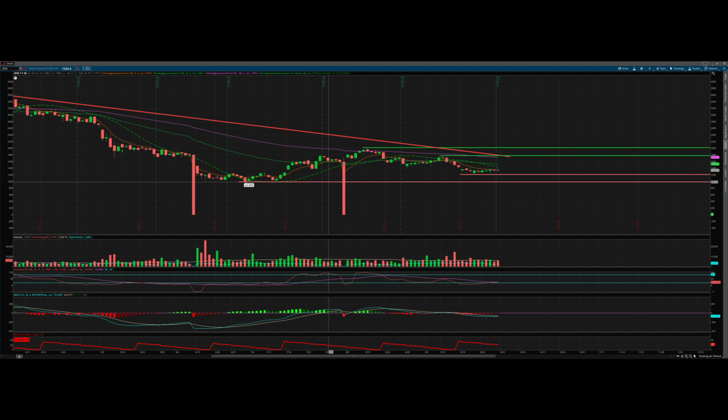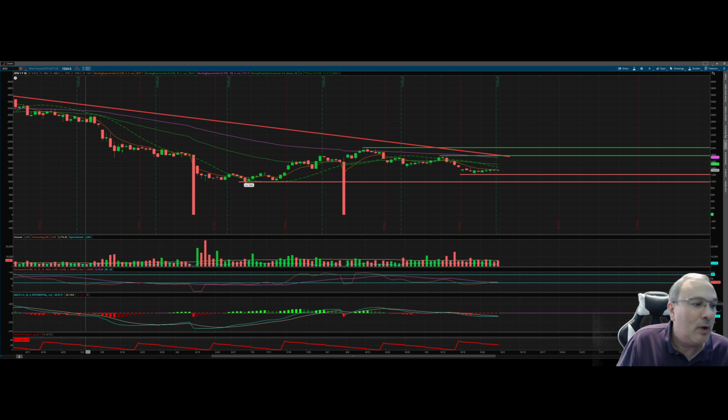Now, it's not perfect. You've got one indicator, okay? What we're now looking for is 3 confirmations, okay? So these moving averages are 1 confirmation.